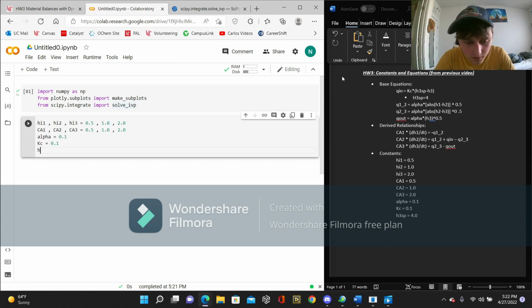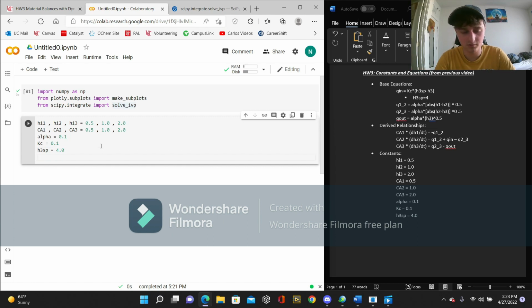And then we also have our H3 setpoint, which is going to be equal to 4.0. If we just had this as 4 with no decimal, we wouldn't be able to get float-type numbers, so we use decimals.